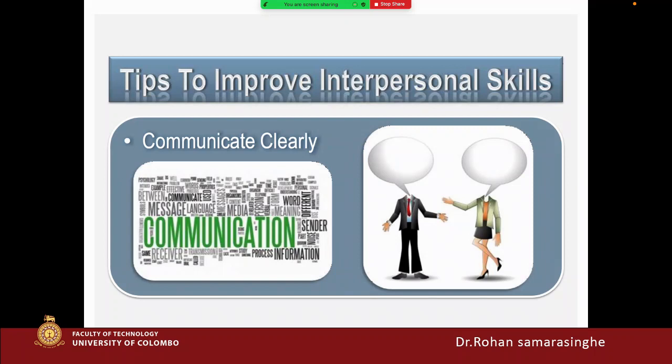You know that the way you speak with your friends and the way you make a speech are different, and you have to speak clearly as well as precisely so others understand, and always listen and communicate clearly.